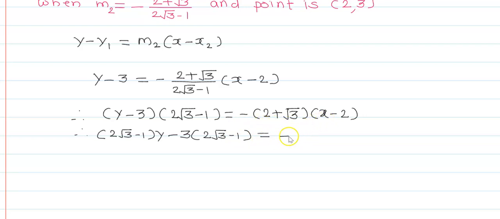And that is equal to x into minus 2 plus root 3 into x. Next, this minus and minus will become plus, that is 2 in bracket 2 plus root 3.